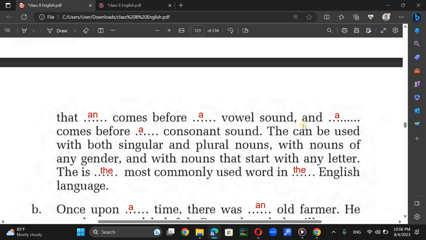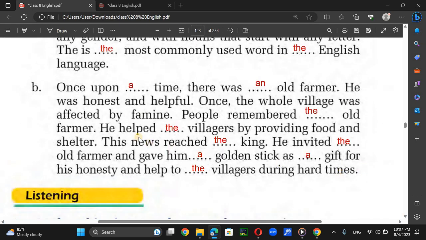An comes before a vowel sound, and a comes before a consonant sound. The can be used with both singular and plural nouns, with nouns of any gender and with nouns that start with any letter. This is the most commonly used word in the English language. So it's the here and the here. Now, once upon a time there was an old farmer.